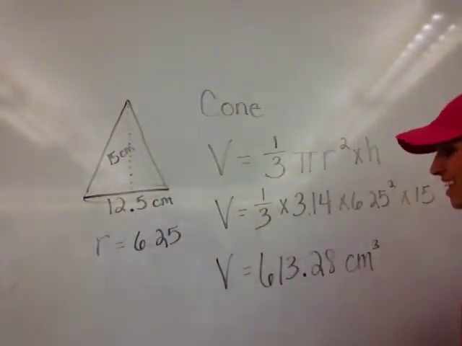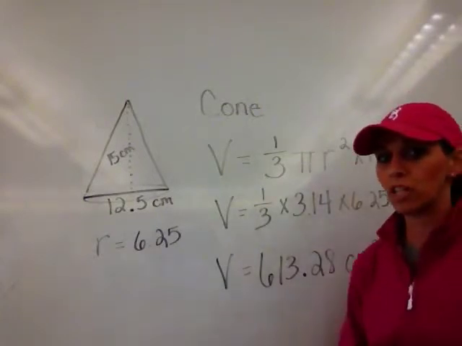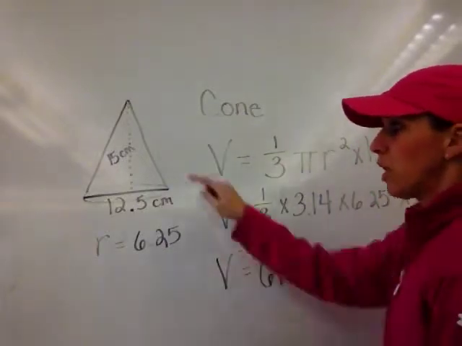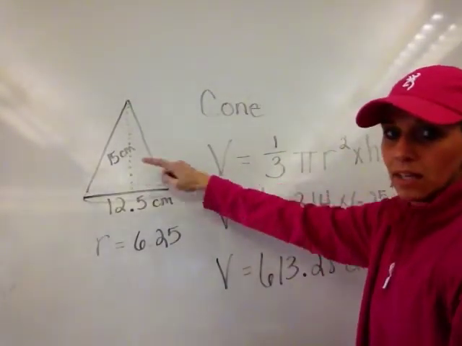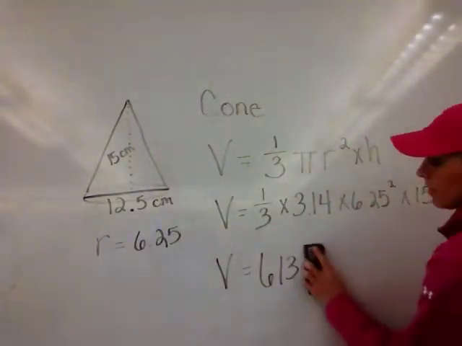All right? Now, I do want to show you something interesting about the cone, because the cone is one of the most challenging shapes because they do not always give you the height. Sometimes they give you the slant. So this one's a little bit more challenging.